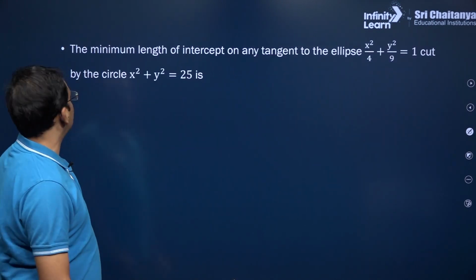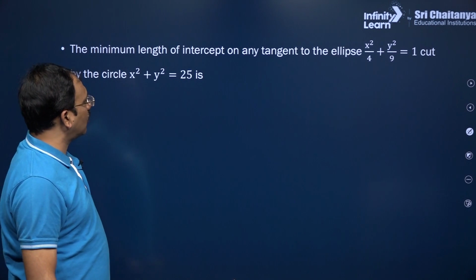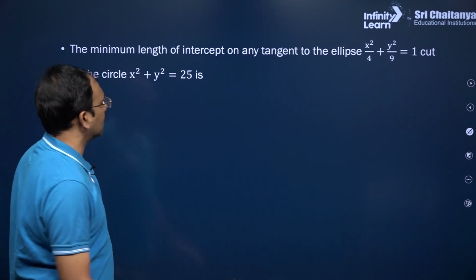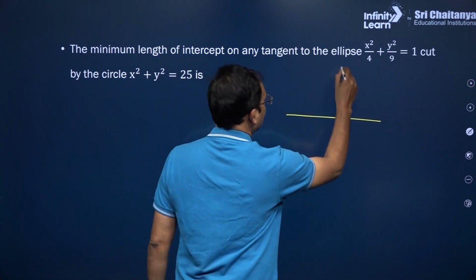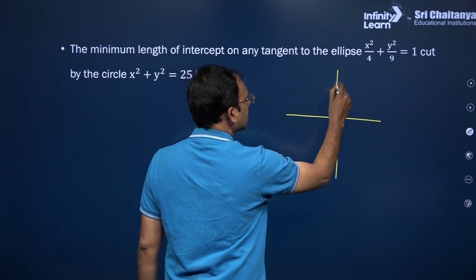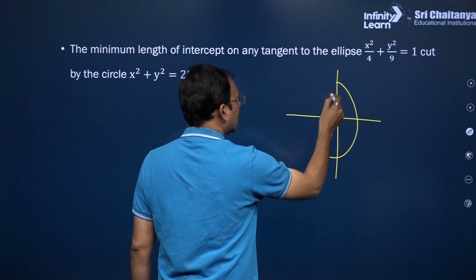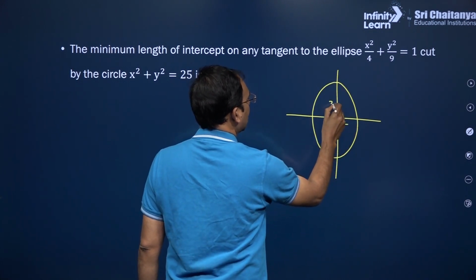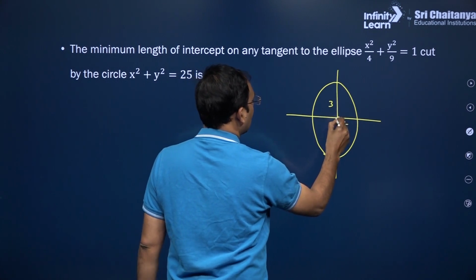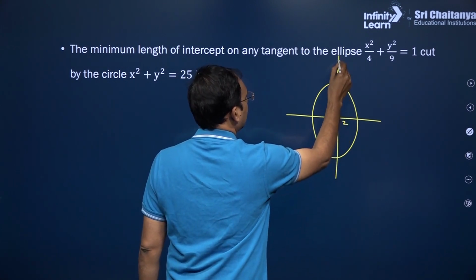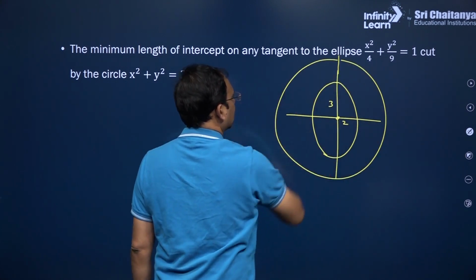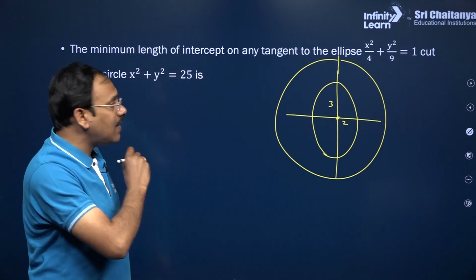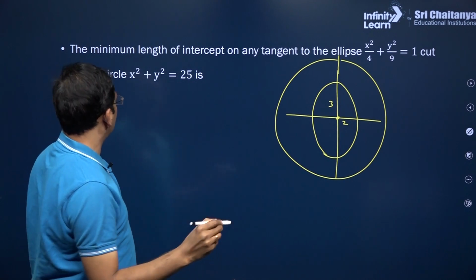That is all. Next, my dear friends, the minimum length of intercept of any tangent of this ellipse cut by the circle. You take the coordinate axes. This is the second type of ellipse where semi-minor axis is 2, semi-major axis is 3. This circle is also having the same center with radius 5. This is the circle. Now, I want the minimum length of the intercept of any tangent of the ellipse cut by this.